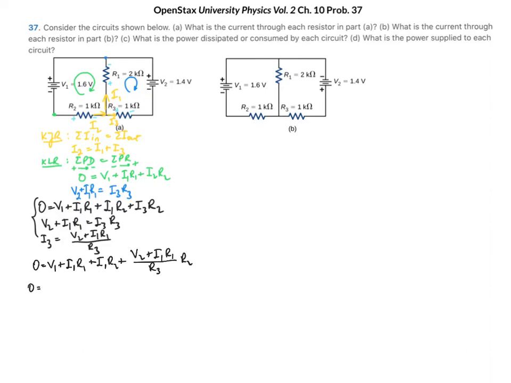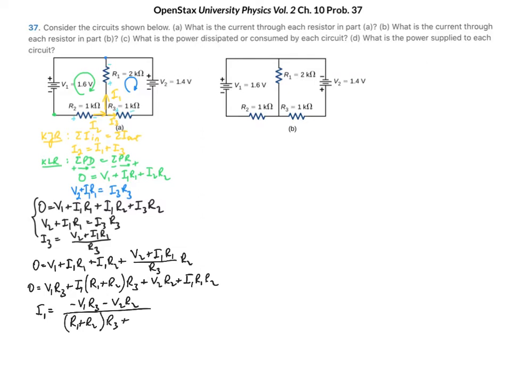So we have 0 equals V1 R3 plus I1, I'm going to factor out R1 plus R2 times the R3 that we multiplied both sides by, plus V2 R2 plus I1 R1 R2. So I can now solve for I1, and I1 will be negative V1 R3 minus V2 R2 divided by R1 plus R2 times R3 plus R1 R2.